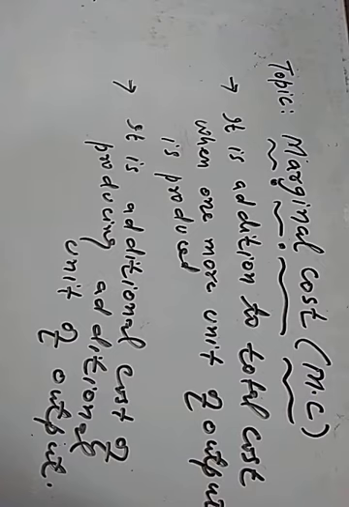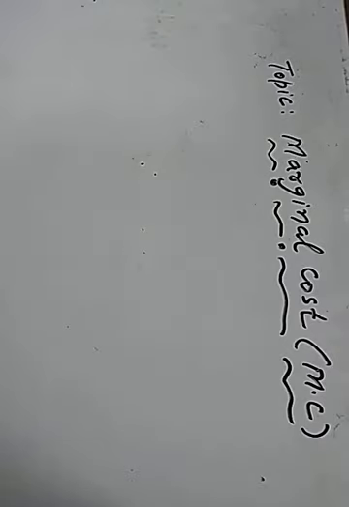The cost of producing that extra unit of any commodity or any service is known as marginal cost. It is change in total cost when there is change in level of output.